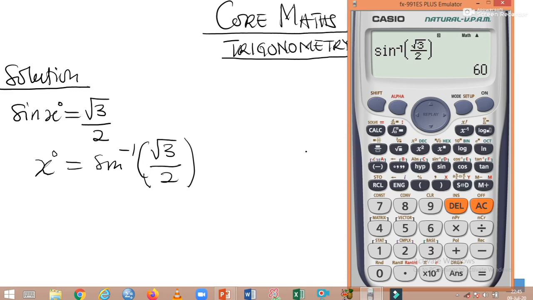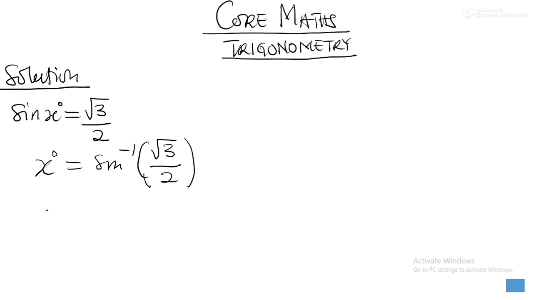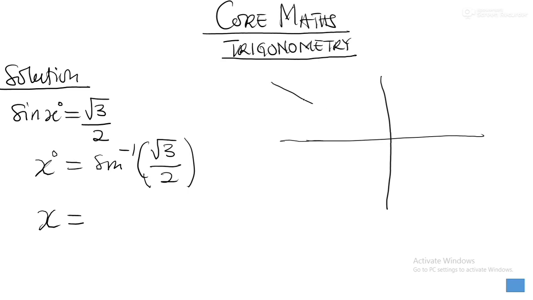Is that okay? So let's see how we'll get the principal angle when our reference angle in the second quadrant is 60 degrees. Good. So our x will be equal to, so we are now determining the value, since my Cartesian plane is here. Good. So here we know that in the second quadrant, this is what we are going to get. So 60 degrees will be the reference angle.